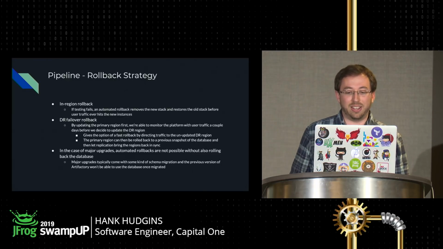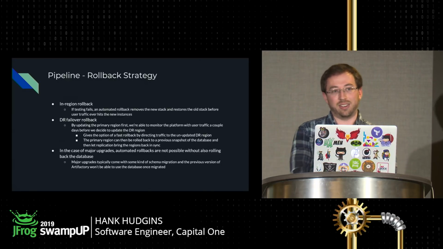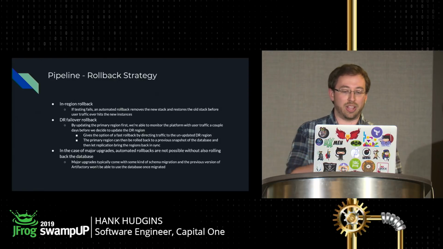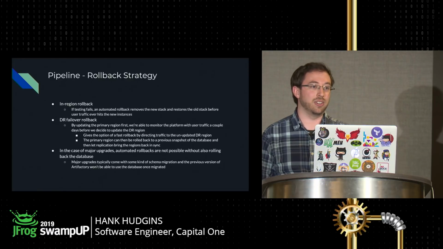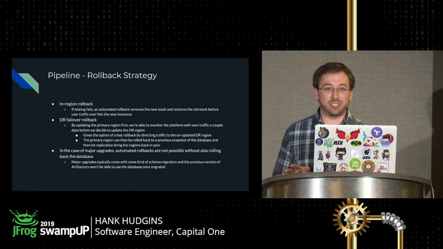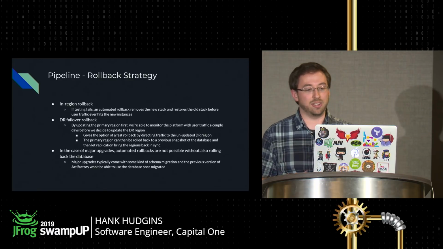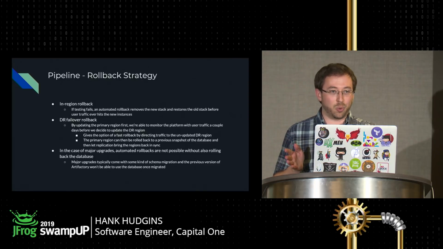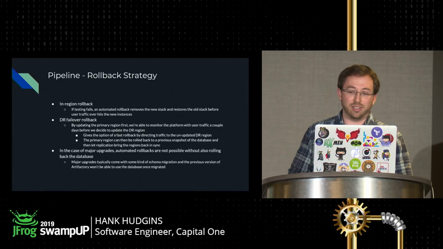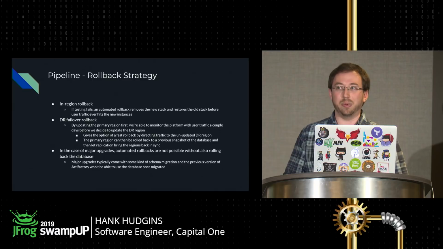If we detect that something is not performing the way we want, we can quickly fail that traffic back over to our DR region. It's got the same state as before because we haven't updated it. So that's a quick rollback strategy in case of something we might have missed.